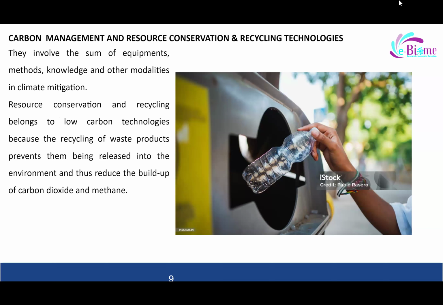So in actual sense, we are employing a circular economy concept to waste management. For instance, if plastic waste, textile waste, and organic waste are prevented from being dumped onto landfills.